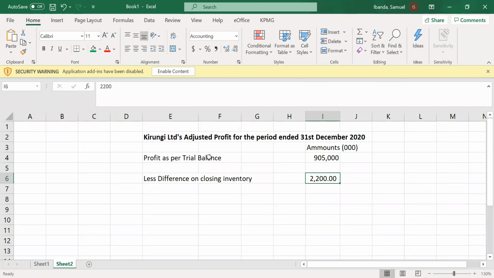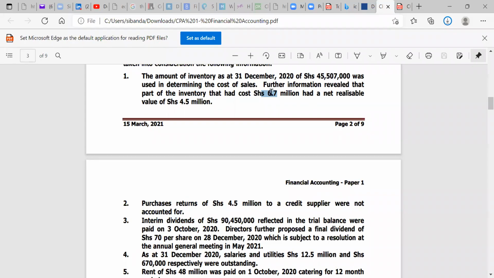Remember what we are doing? We are calculating the adjusted profit. So that's why we are trying to picture and understand this that they didn't take into consideration here. What effect does it have on my profit? Okay, so we are saying that this 6.7 has that effect.